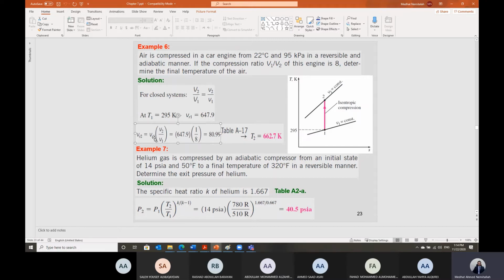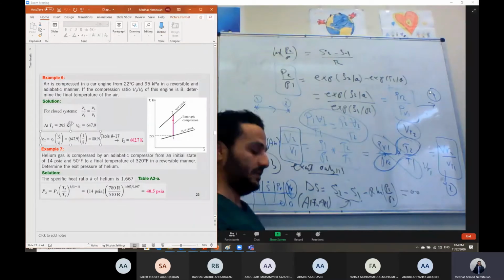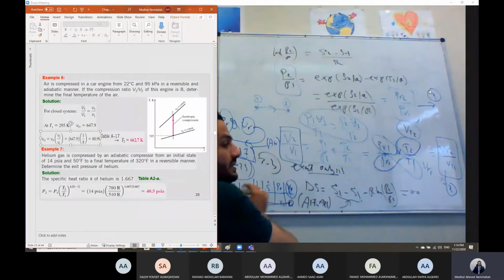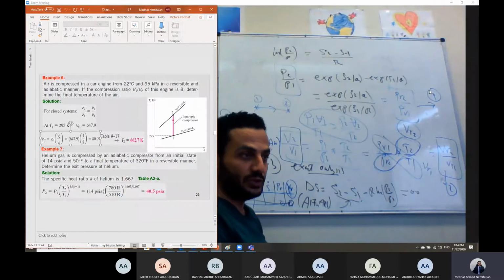V relative 2 is equal to V relative 1 multiplied by V2 over V1. V2 over V1 is 1 over 8 because V1 over V2 is given equal to 8. So V2 over V1 is equal to 1 over 8, multiplied by V relative 1, then I can calculate V relative 2. Take this value and go to the table back. At this V relative 2, I can go to the table, then I can get the temperature in this case.